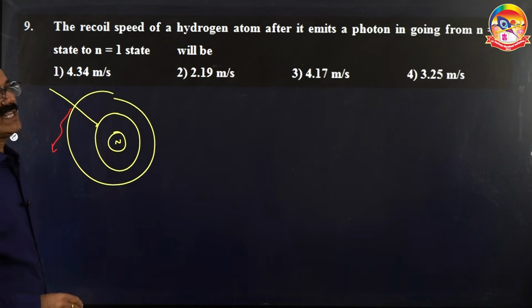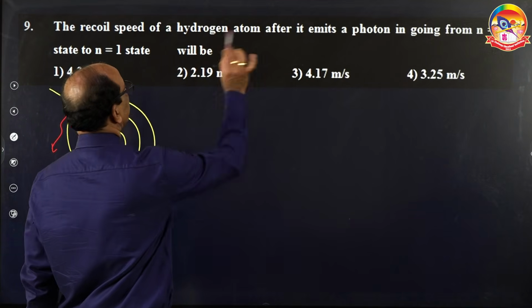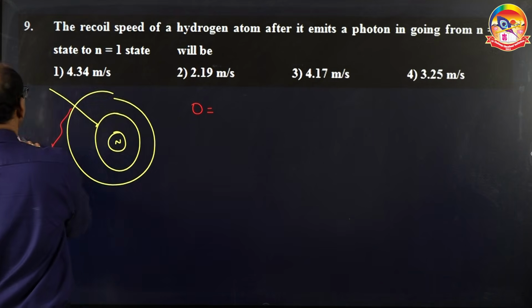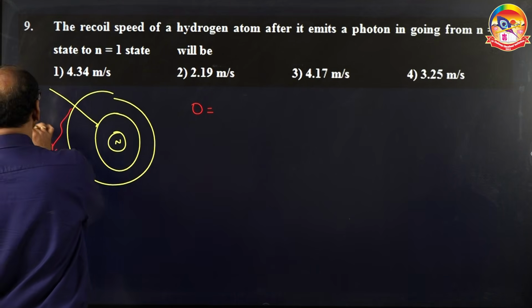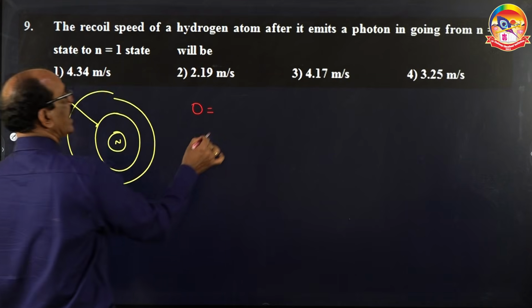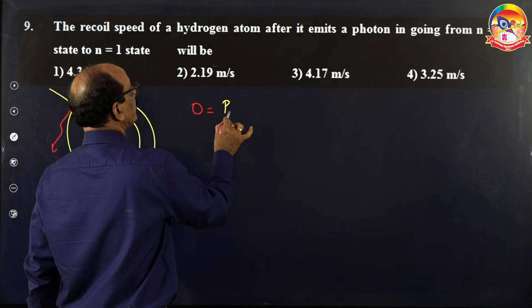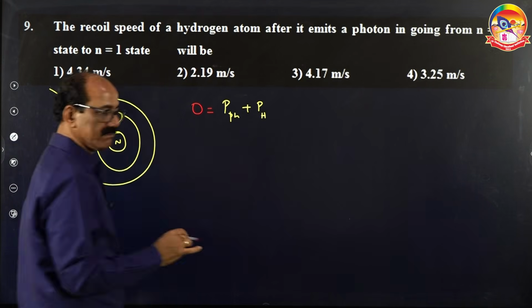So we can apply the law of conservation of linear momentum to this. Initially the atom is at rest. So from the law of conservation of linear momentum, we can say the initial momentum of the system is 0, which equals the momentum of the photon plus the momentum of the residual hydrogen atom.